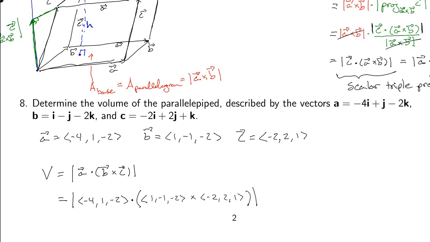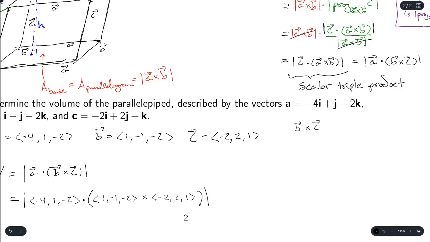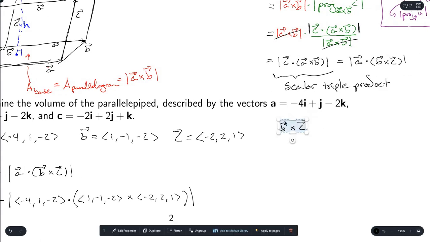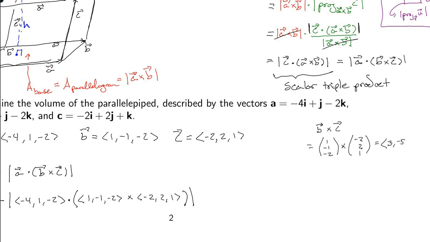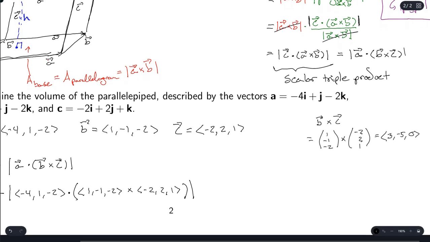So let's do B crossed with C over here. This is <1, -1, -2> crossed with <-2, 2, 1>, which gives us negative 1 plus 4 is 3, 1 plus 4 is 5, but negate it, and then 2 minus 2 is 0. That's nice.